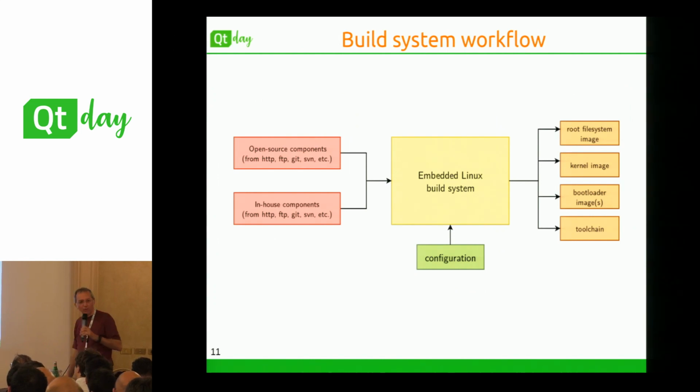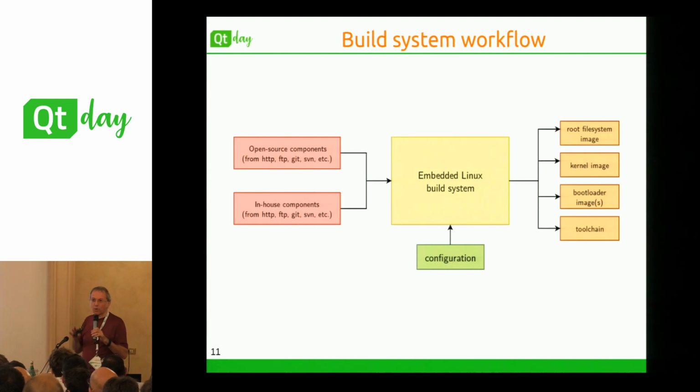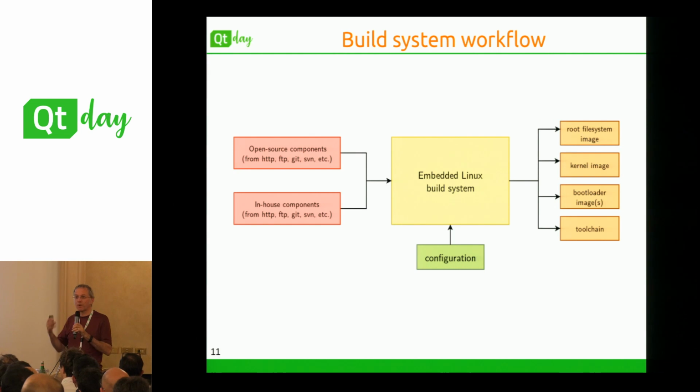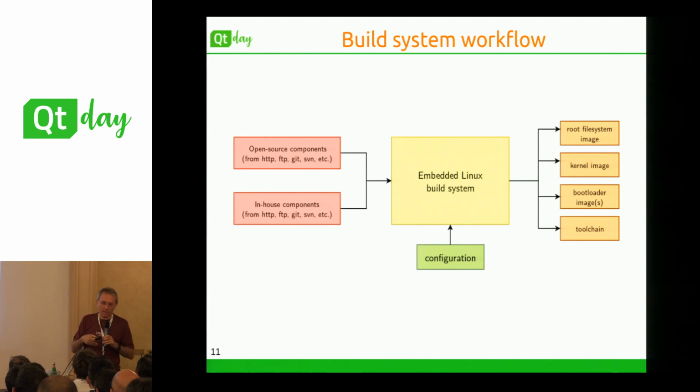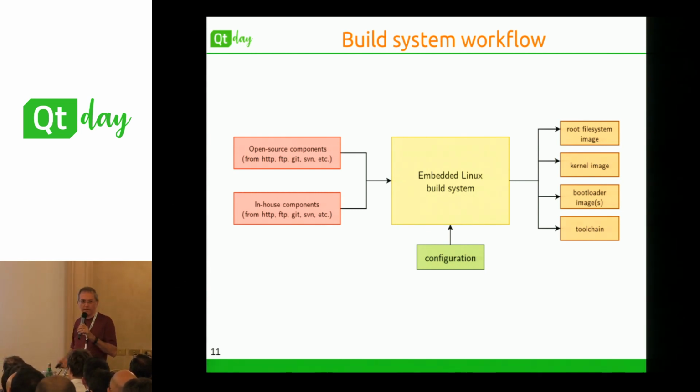The approach adopted by all the automatic build systems is more or less the same. You have software components coming from the internet or from other resources outside the build system, the build machine where you are running the automatic build system, and in-house components that you need to build your own projects.